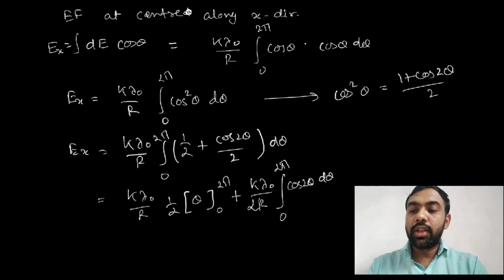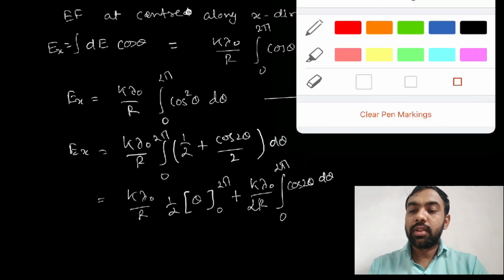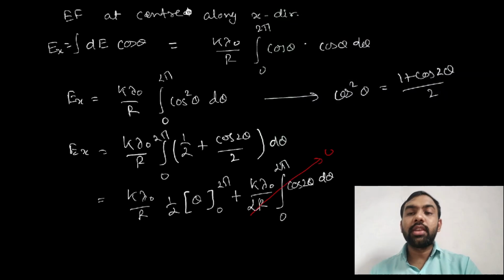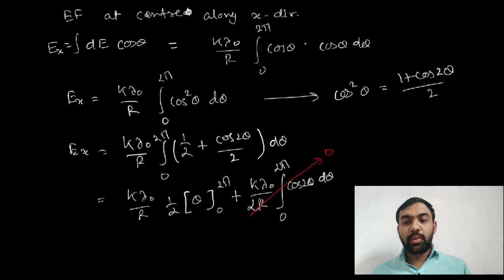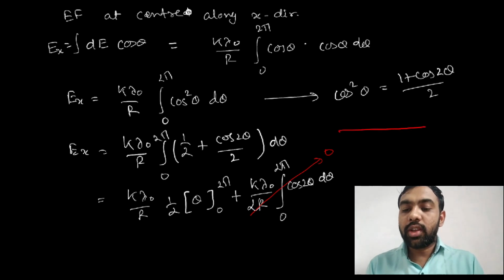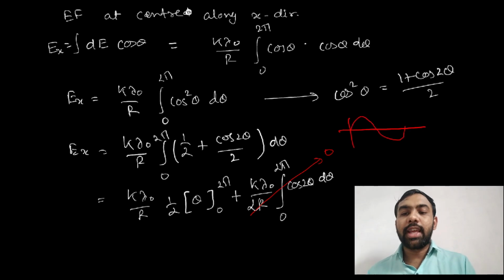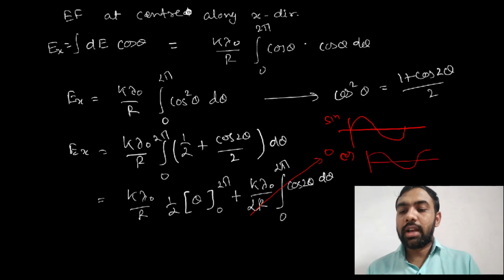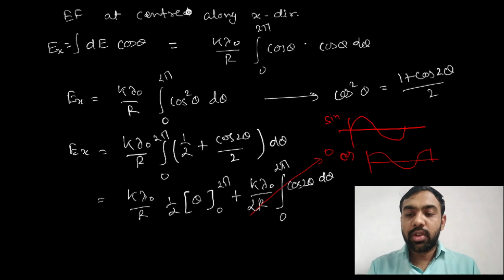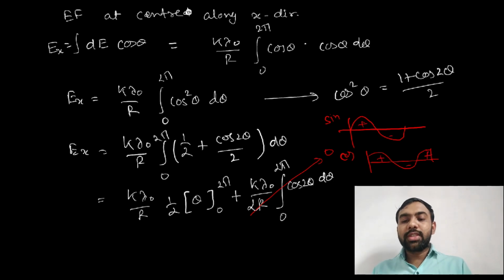And as we know, the integration of sin theta or cos theta over one cycle is always 0. Why? Because if you consider the sine graph and the cos graph, the graph is like this. So positive and negative cancel out. So over one cycle, the average of sine and cos is 0.